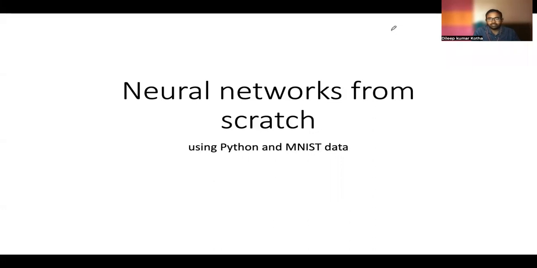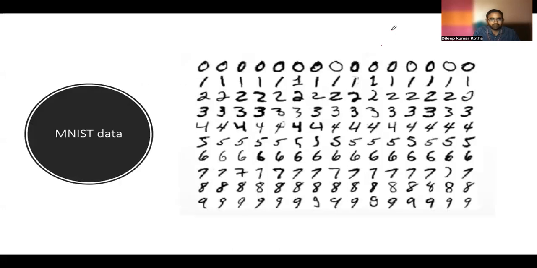For building the neural network, let's use MNIST data for training as well as testing purposes. This is a data set of handwritten digits. As we can see, these digits are between 0 and 9, and we are given images of these digits, which are all 28 by 28 images.